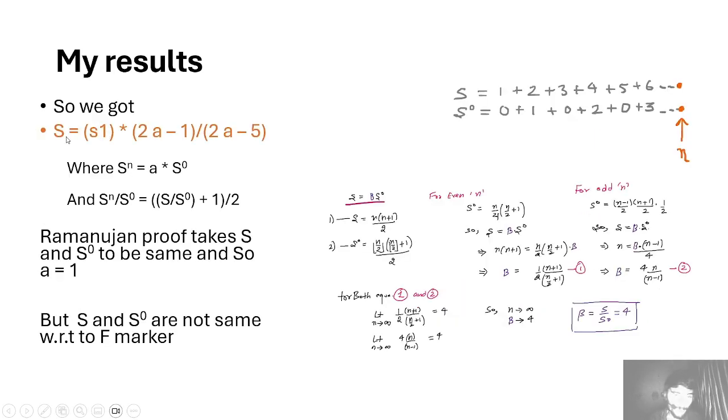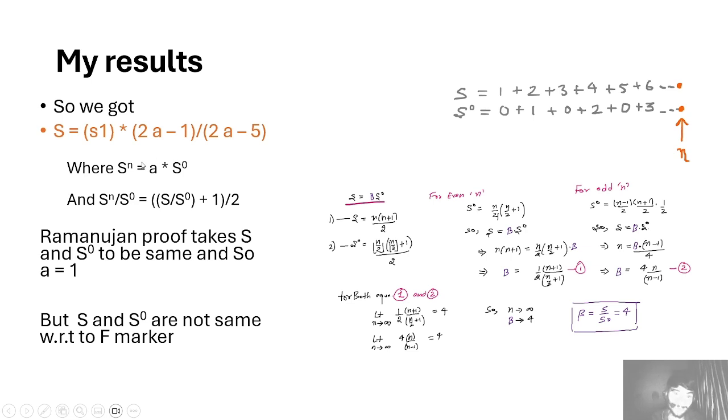So the equation for this sum of natural numbers is S1 times (2a minus 1) divided by (2a minus 5). Here Sn, as the net sum, is equal to a times S naught. And to compute a here, Ramanujan has taken both of them to be the same.